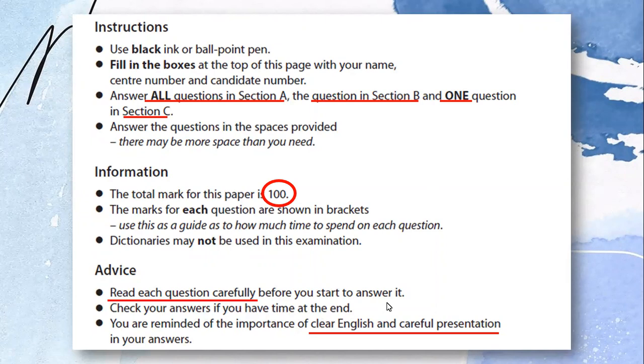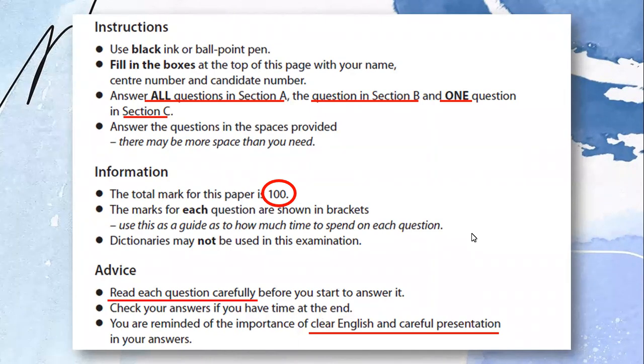If you can at least save around 5 minutes just to go through your answers and see whether there are spelling mistakes or grammar problems, that would be very good. You're reminded of the importance of clear English and careful presentation in your answers. So make sure that your handwriting is very clear and legible, and also use very clear English.